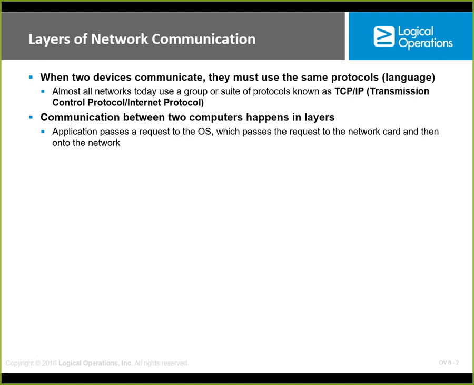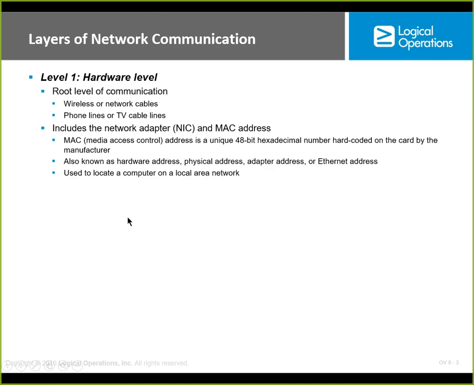Goes through the NIC, goes into the memory, into the cache, into the CPU, and then gets delivered to the web server portion of it, the thing that's going to provide us with web pages. So we connect to the web pages on the web server, then it gets sent back via a reverse path. And that's what we're talking about when we talk about communication between the computers happening in layers.